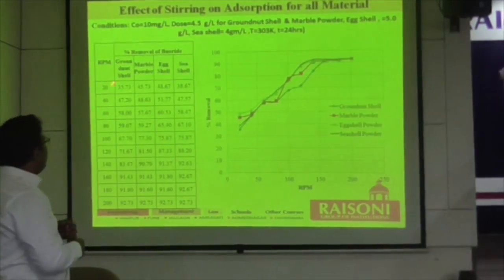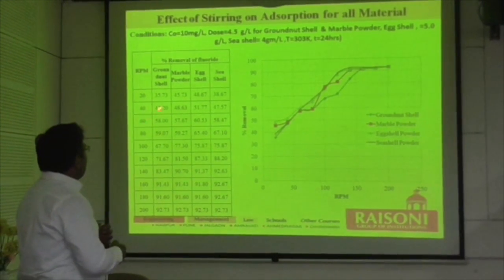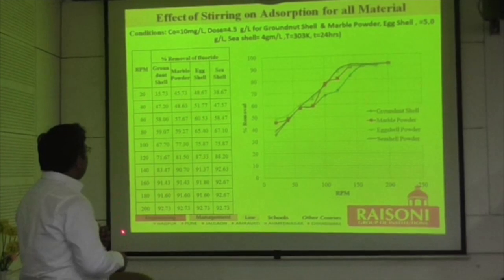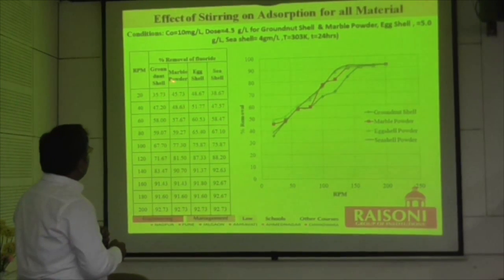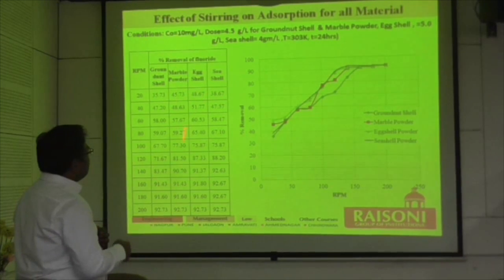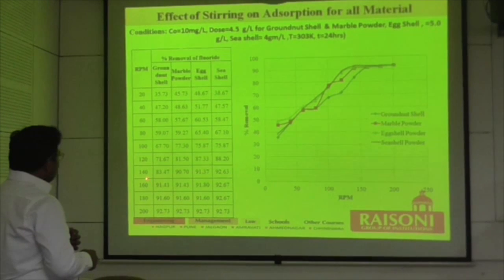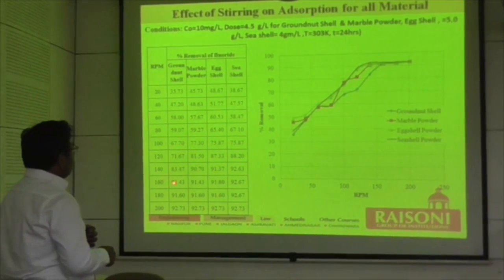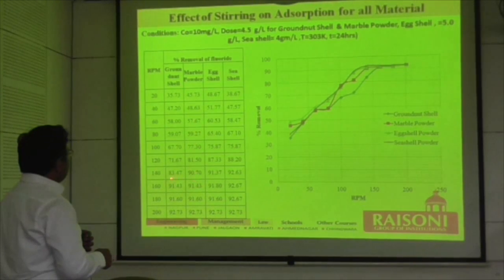Then the effect of stirring on adsorption for all. We have increased the RPM starting from 20 RPM to 200 RPM. For the groundnut shell and marble powder, these are the readings. For groundnut shell, it comes around 150 RPM, and for marble powder, it comes to 140.